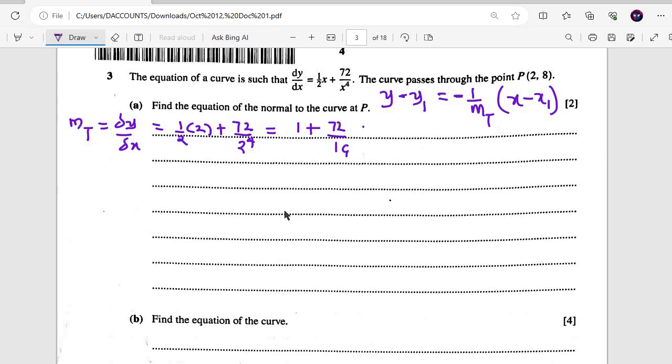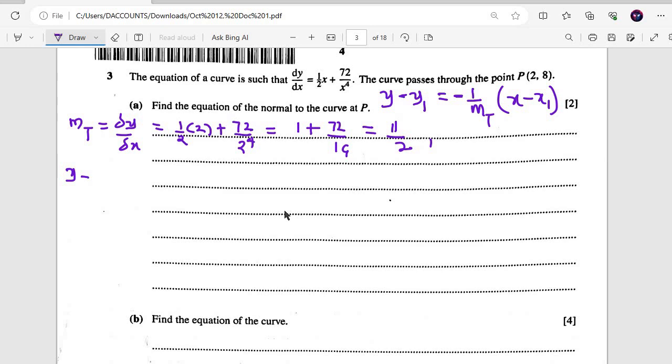I think it's going to give us 11 over 2. Let me confirm that: 1 plus 72 over 16 is 11 over 2. That's the gradient of the tangent.